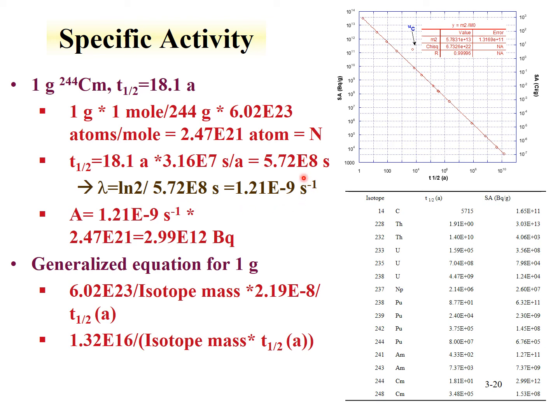So we get a decay constant listed here. Activity equals lambda N. 1 gram of curium-244 is 2.99 times 10 to the 12th becquerels. Now we can generalize an equation for specific activity for a gram: it is just equal to Avogadro's number divided by the isotope mass times this value divided by the half-life in years.